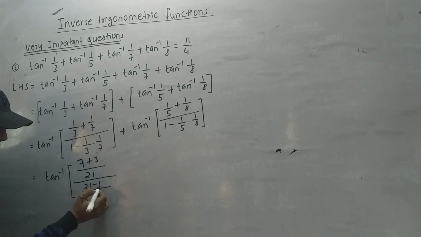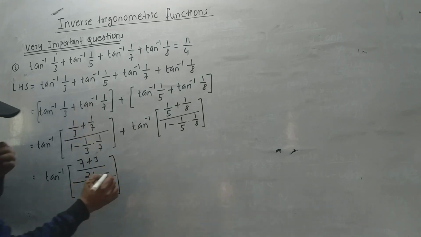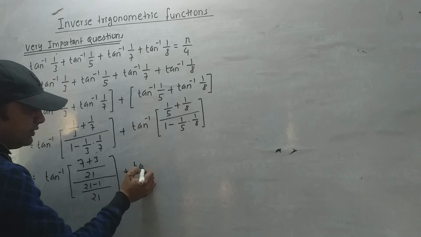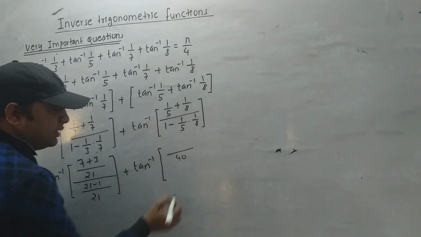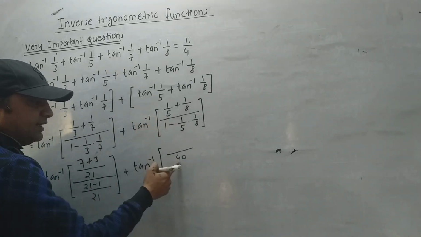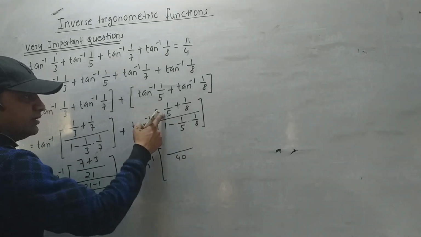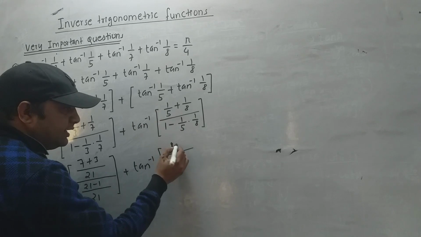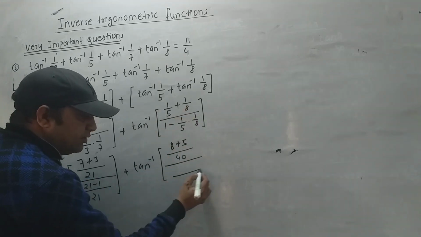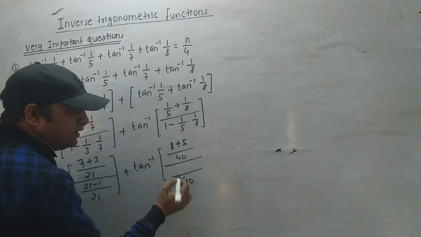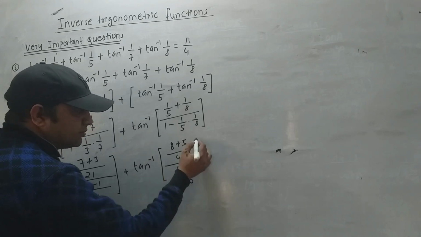Then tan inverse, where our LCM is 40 in the numerator. 5 8s are 40, this 40 divided by 5 gives 8, plus 8 5s are 40, 5 is left. In the denominator, our LCM is again 40, so here it is 40 minus 1.